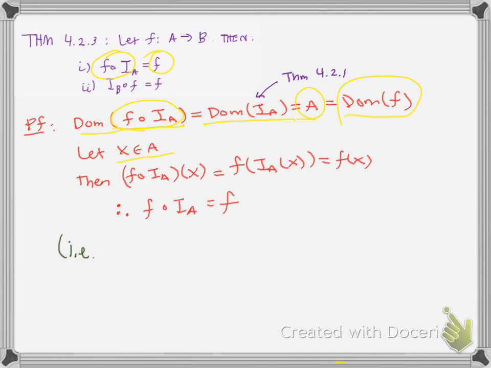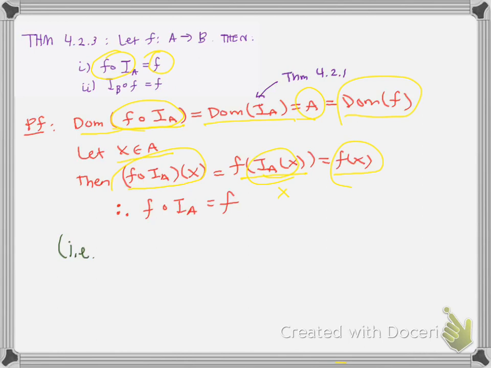So if we let x belong to A and then compose the left-hand side, f composed with I sub A of x, that's equal to this, because that's our new notation. Well, we know that I sub A of x gives us back x. So that's just equal to f of x. So we just showed that the domains will be the same and the outputs will be the same.